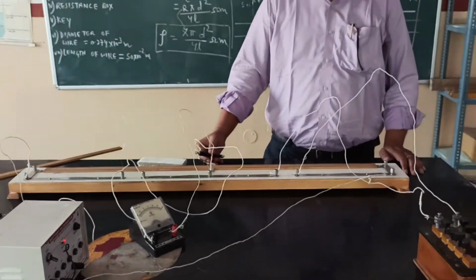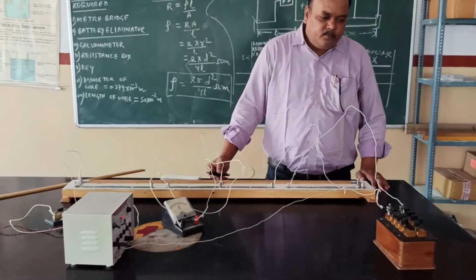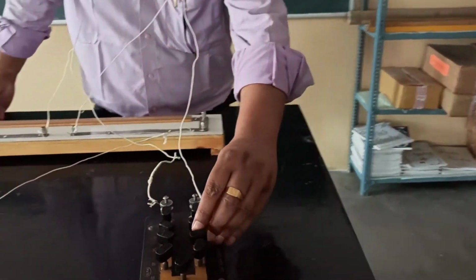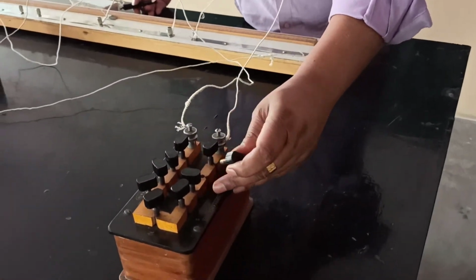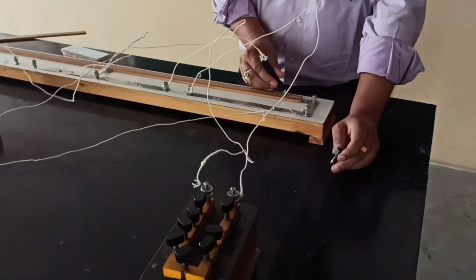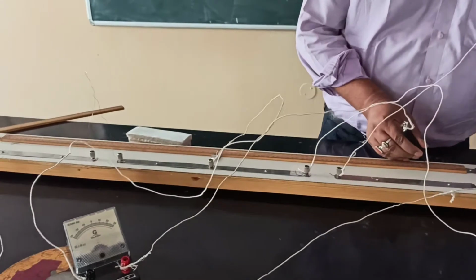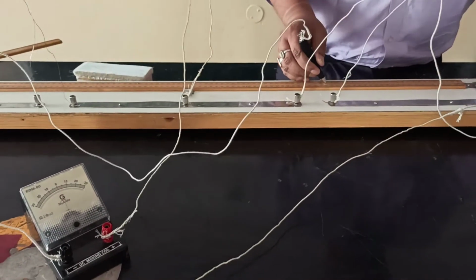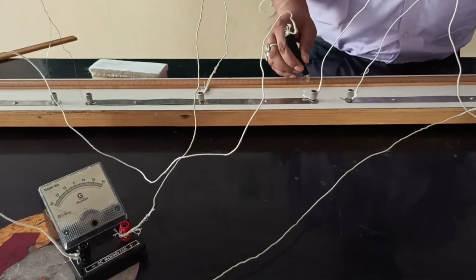Now we will start taking readings. So how will the reading be taken? First of all, we will take 2 ohm resistance and put the jockey at different places in search of null deflection.